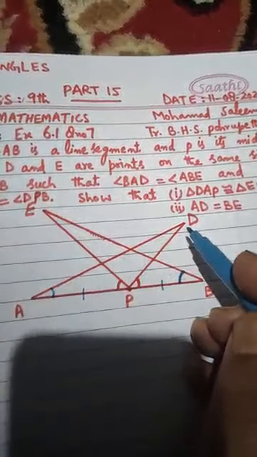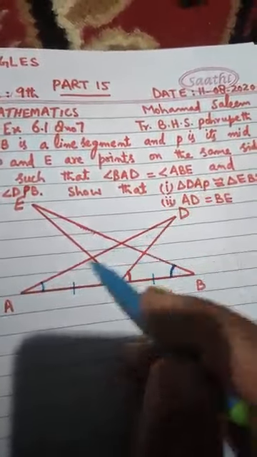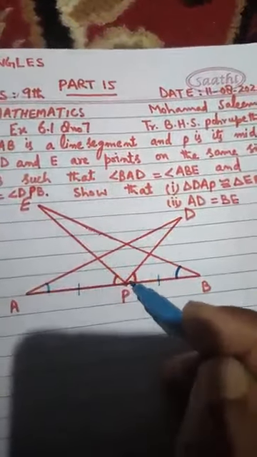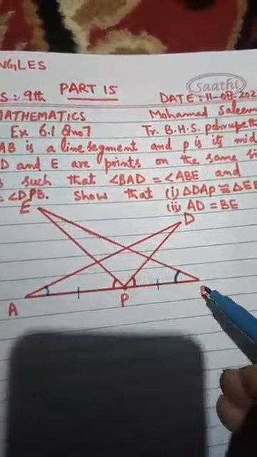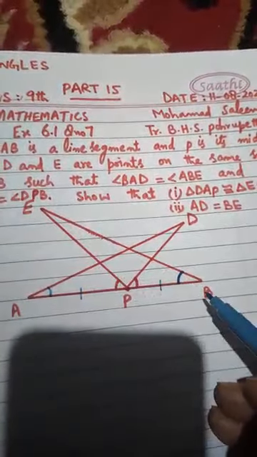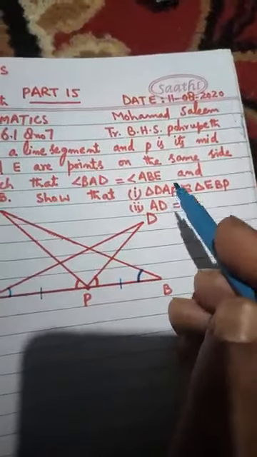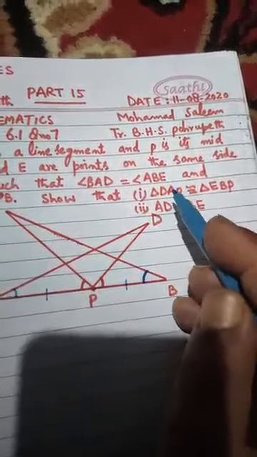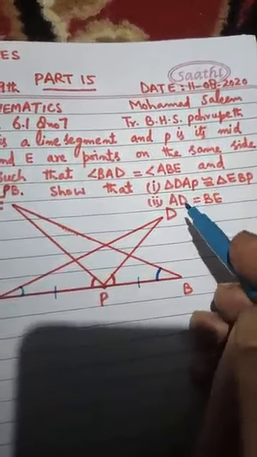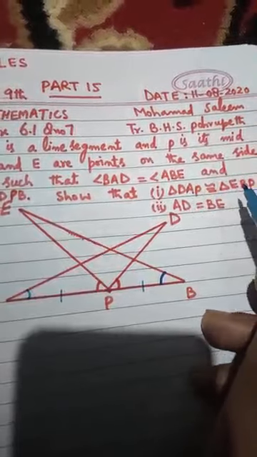AD is a part of triangle DAP, a side of this triangle, and BE is one of the sides of triangle EBP. These will also be equal if these two triangles are proved as congruent.